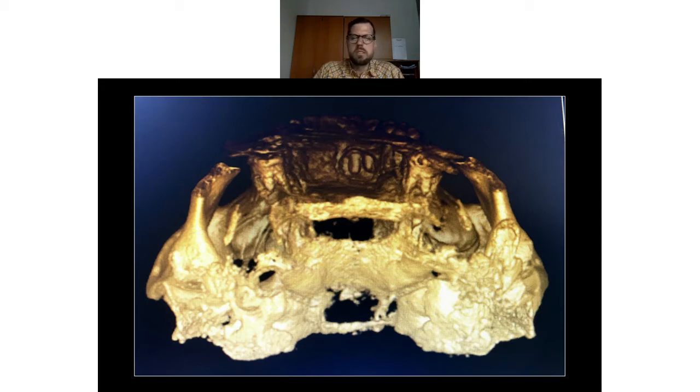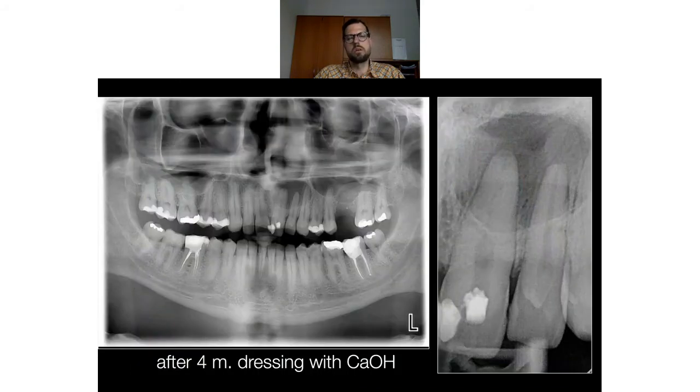In this place where the resorption is, there was a pus discharge. So I tried to dress it with calcium hydroxide, but after four months of dressing with calcium hydroxide, the pus discharge didn't disappear.